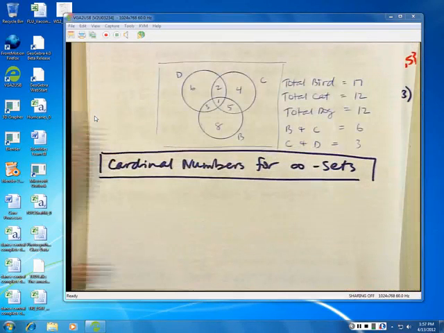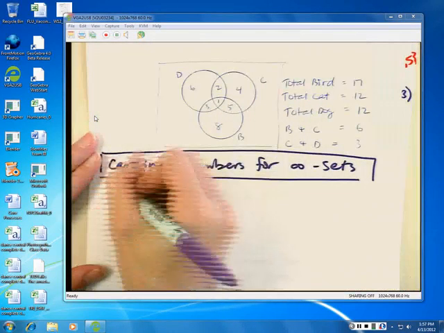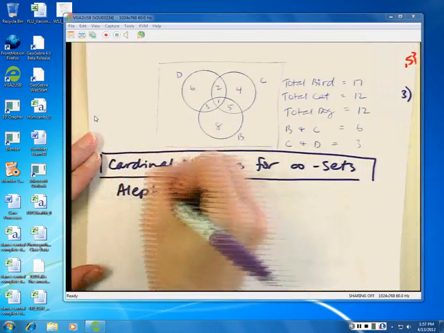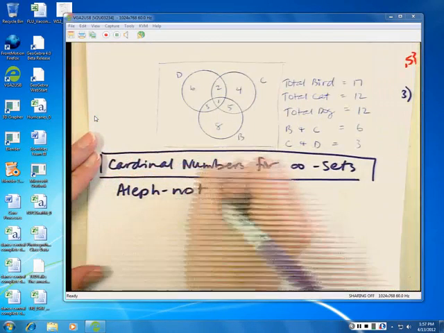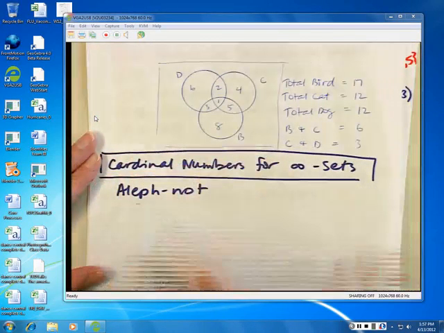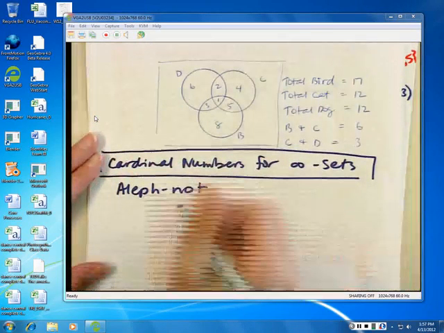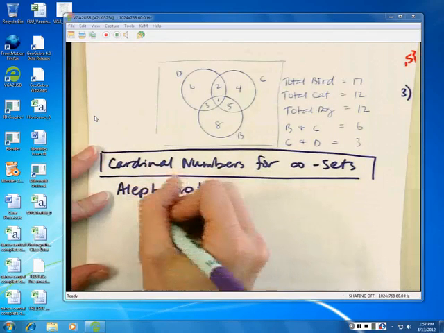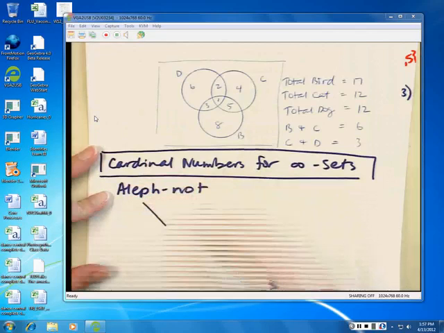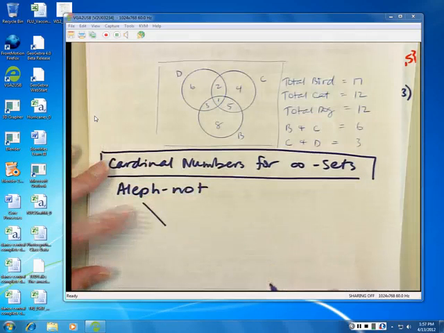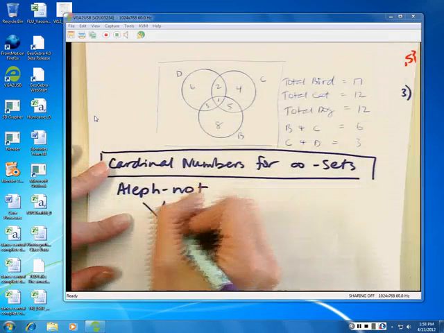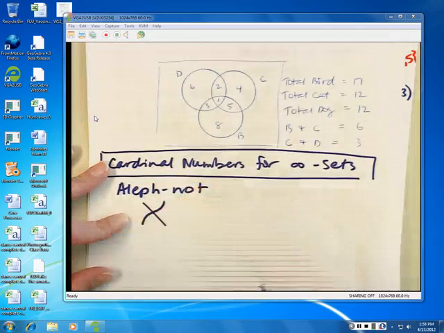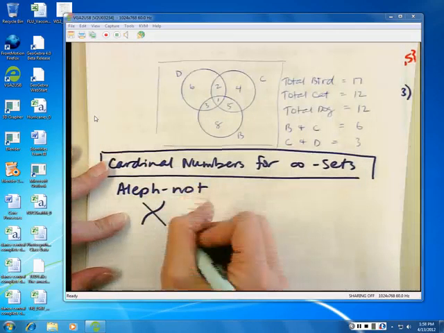So our choices, we could either have aleph not, which I believe is a Hebrew letter. To create the aleph symbol and to keep things simple for me, I do a straight line. It's like an X, but I do a straight line for that side of the X, and then a curved line for this side of the X. The not is a subscript 0.